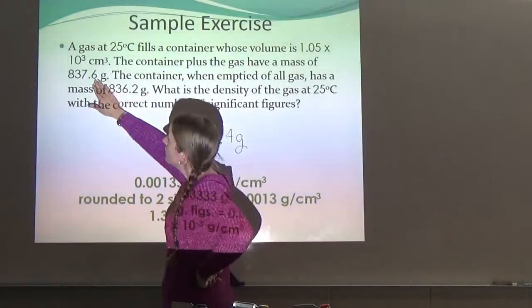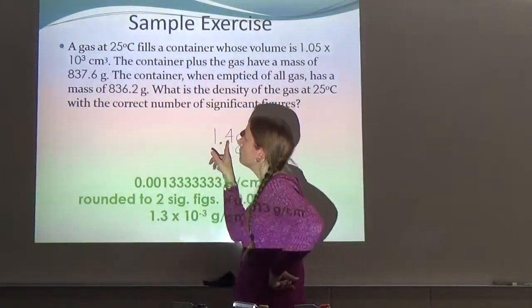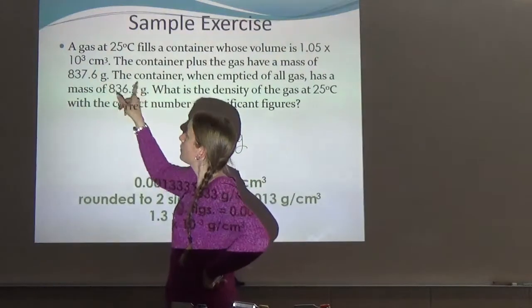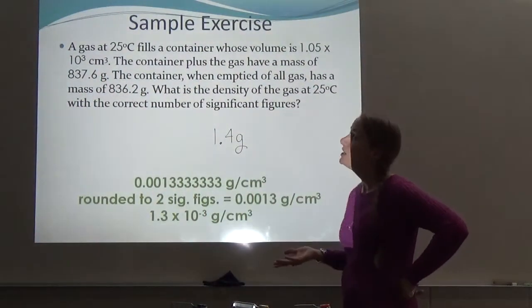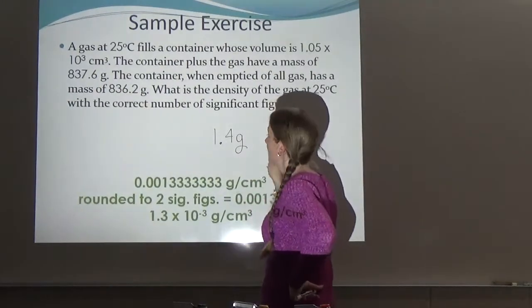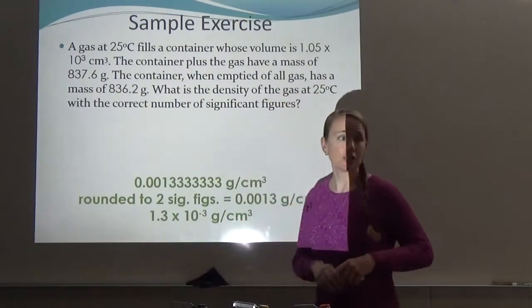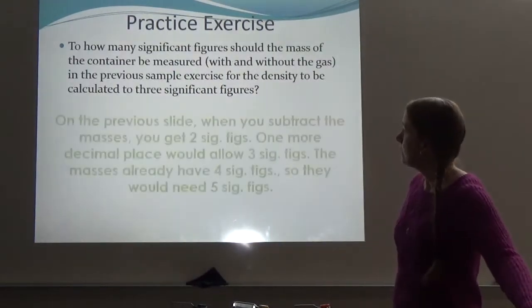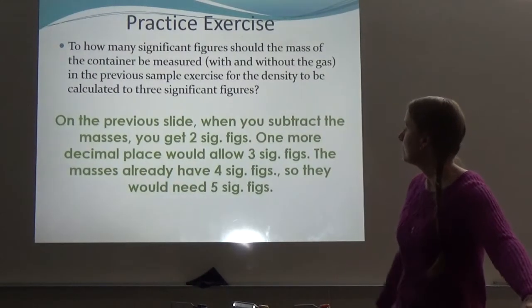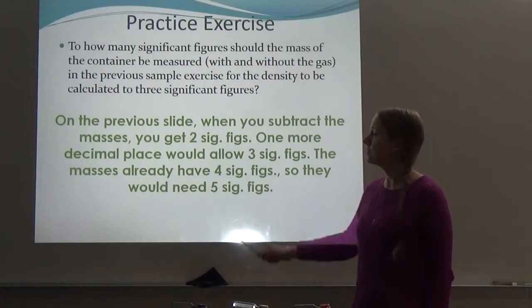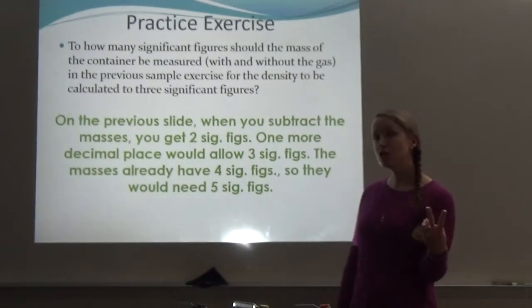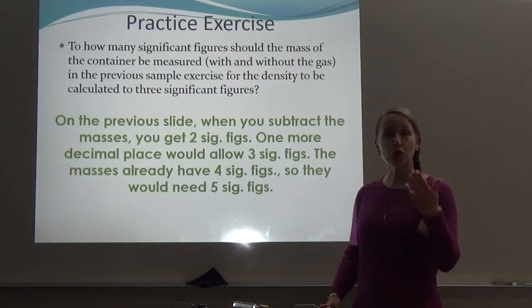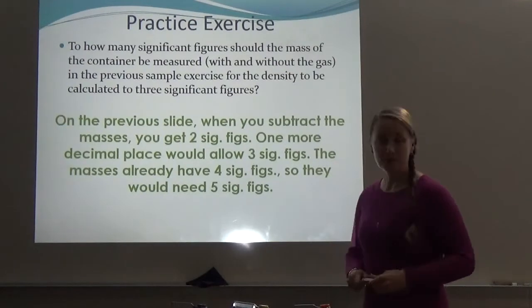So if we wanted a 3rd significant figure, we needed another decimal place here, which would have put us at 5 significant figures each. So each of my masses would have needed 5 significant figures. Because remember, they had 4, but it only gave us 2. So to get that 3rd one, we would need another significant figure.